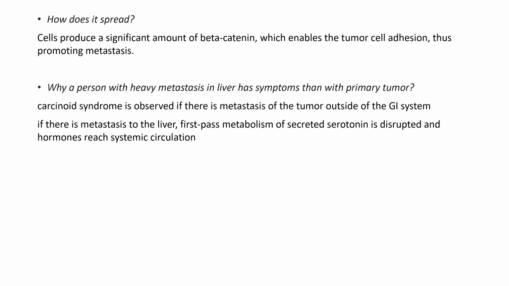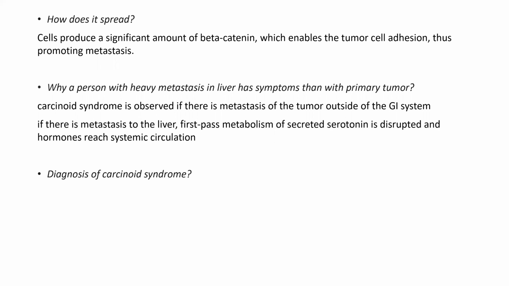Then they bypass the liver and go to the systemic circulation, leading to the systemic manifestations of the syndrome. Okay, what is the diagnosis? How do you diagnose carcinoid syndrome?